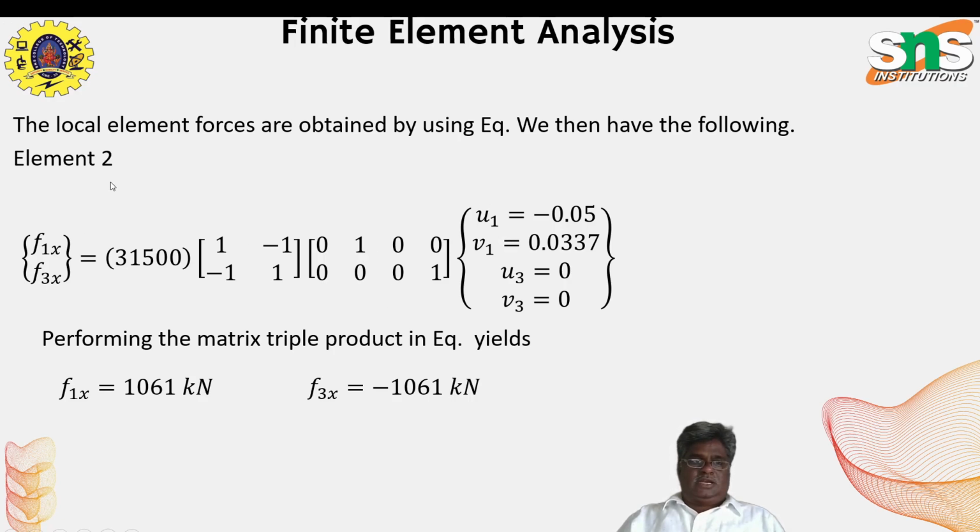The element 2 is connected with nodal points 1 and 3, so substituting the nodal point displacement 1 and nodal point displacement 3, U1 V1, U3 V3 equal 0. So finally performing the matrix triple product in the equation yields F1x equal to 1061 kilonewton, F3x minus 1061 kilonewton.